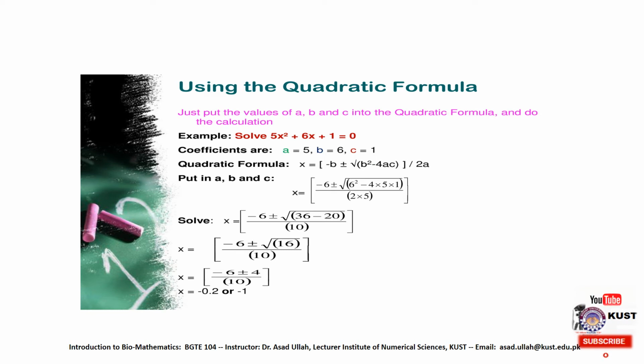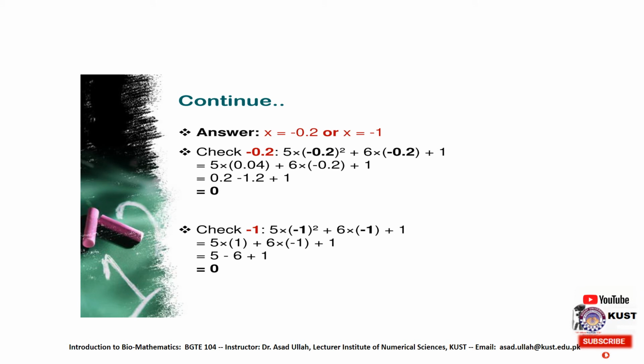So we get minus 2 divided by 10, which is equal to minus 0.2. And after subtracting, we get minus 6 minus 4 divided by 10, which is minus 10 divided by 10, which is equal to minus 1. So here we get two roots, x is equal to minus 0.2 and x is equal to minus 1.